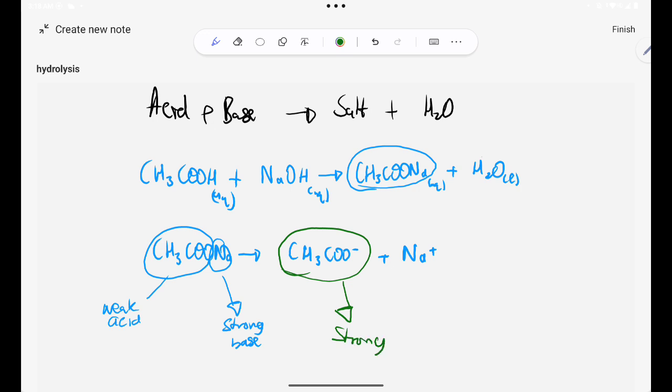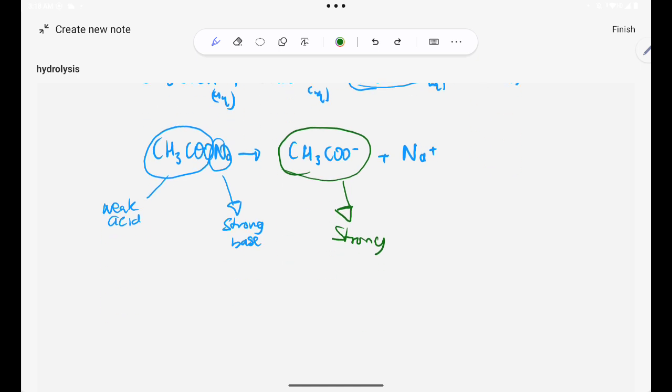And then the Na one will be weaker because it comes from a strong substance. So for me to perform hydrolysis, I always need to take the strong conjugate ion, react it with water, and then see which ion is in excess.